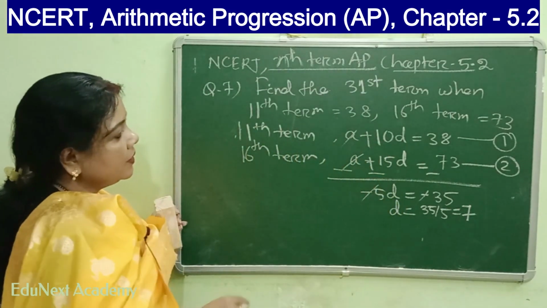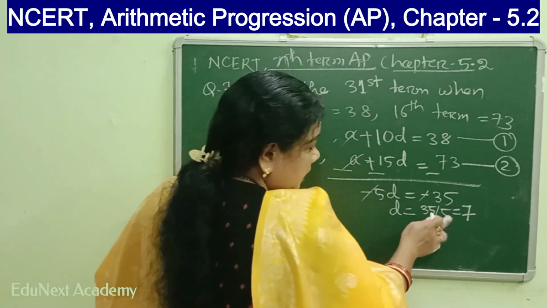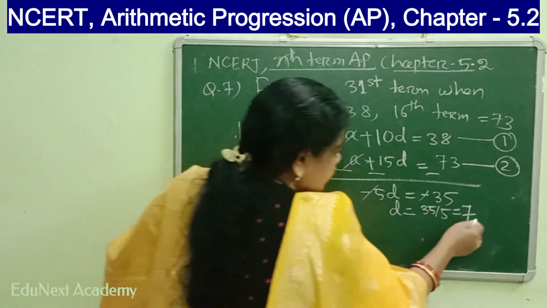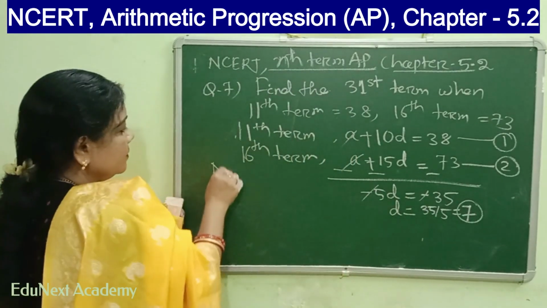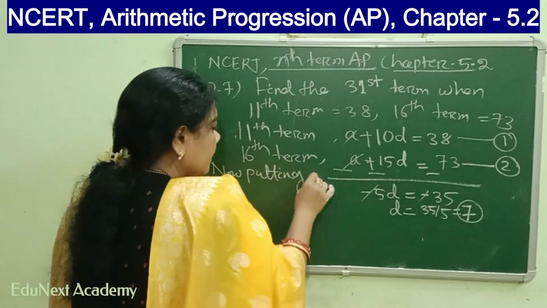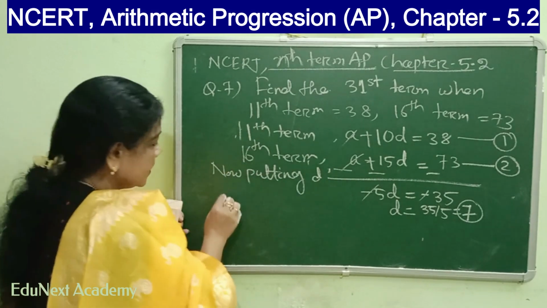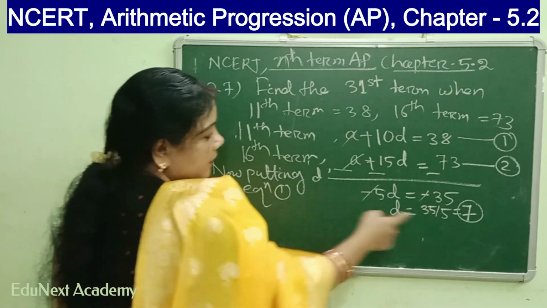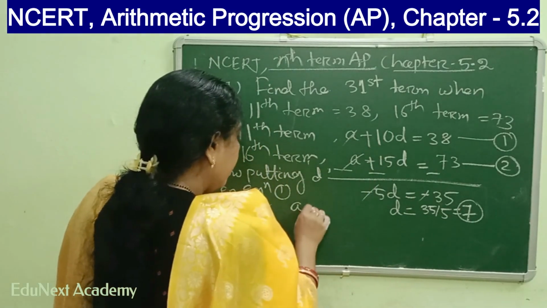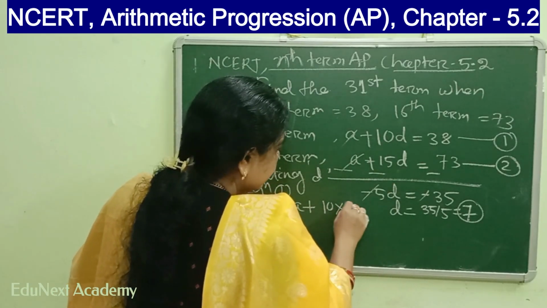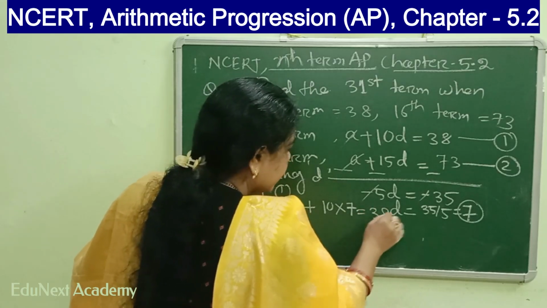Now we know d. Now we need to find out a. So putting this value of d in equation 1, what did I get? a plus 10 into d, that is 10 into 7, is equal to 38.